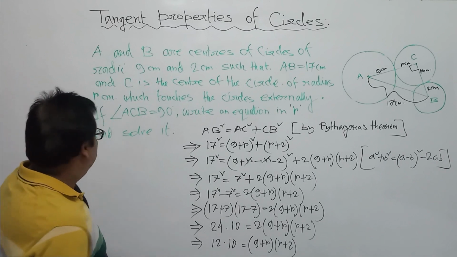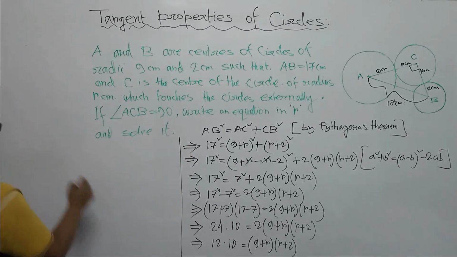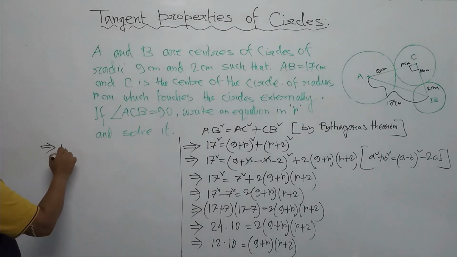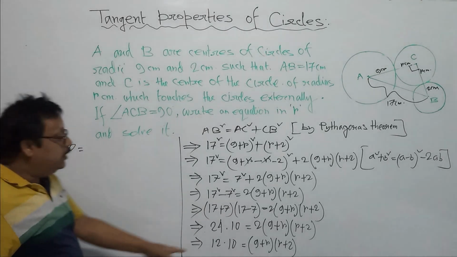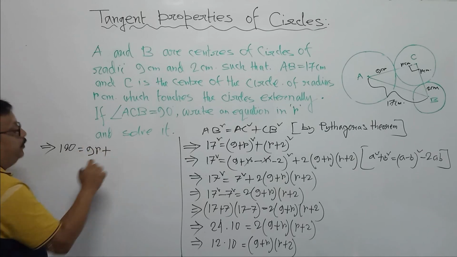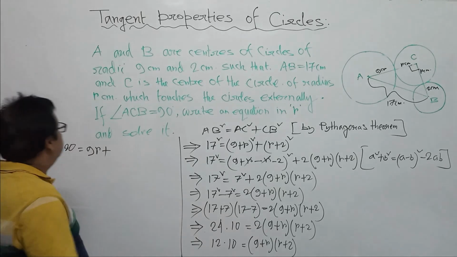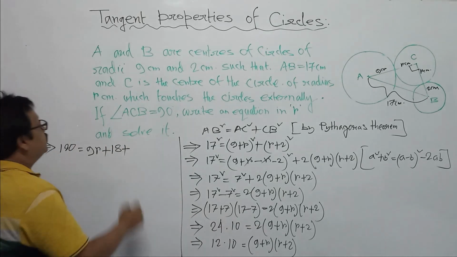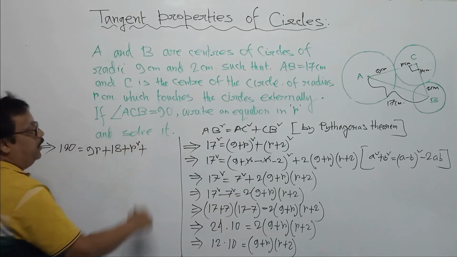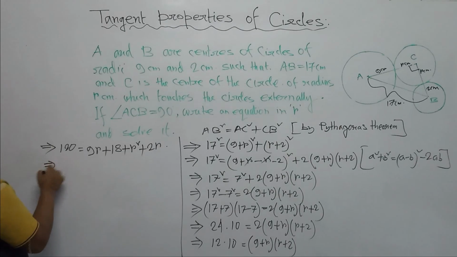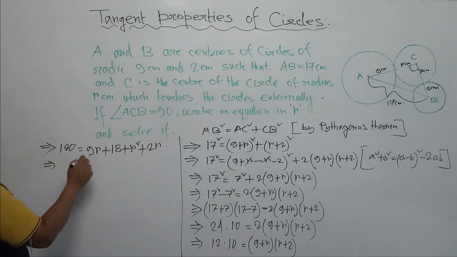Now, going to the left side, next step. 12 into 10, 120 equal to, you can multiply it now. 9 into r, 9r, plus 9 into 2, 18, plus r into r, r square, plus r into 2, 2r. This implies, change the side. First simplify this side.